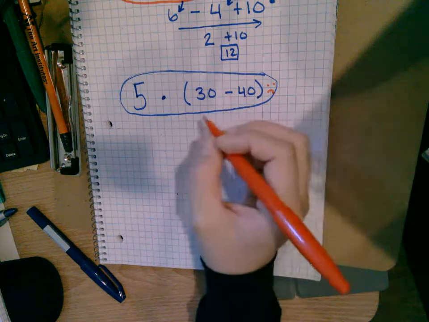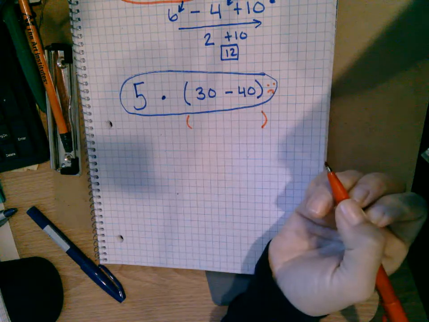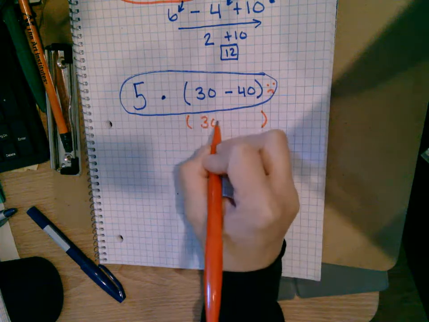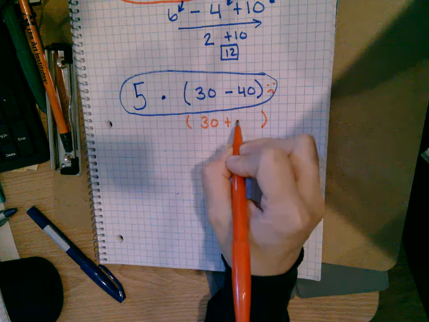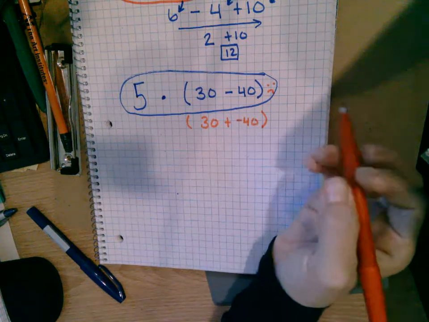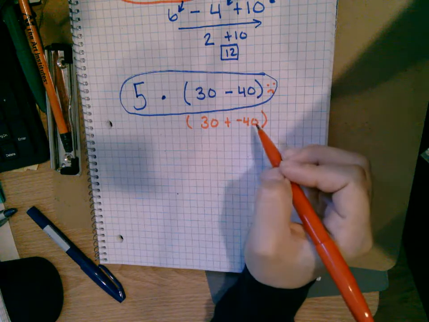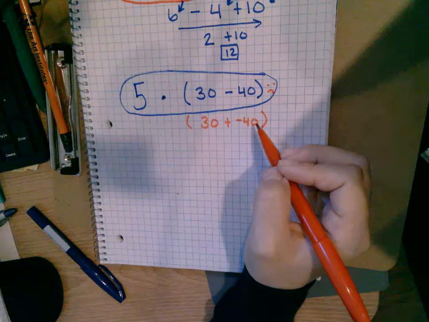So we add it. Yep. How do we rewrite it? 30 plus negative 40. Yes, Jocelyn. Now, some of you, when I was checking your work the other day, just put 40, and it's like, oh no, you've got to change to the opposite.